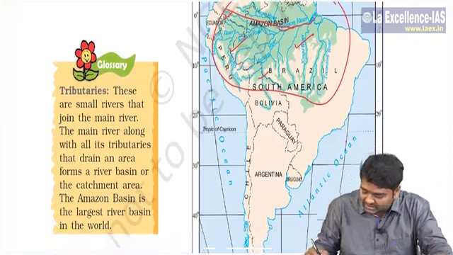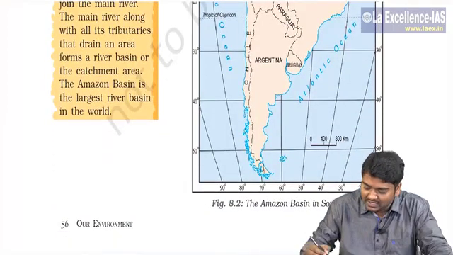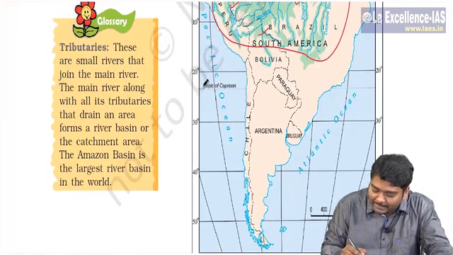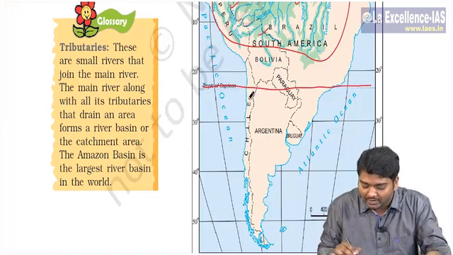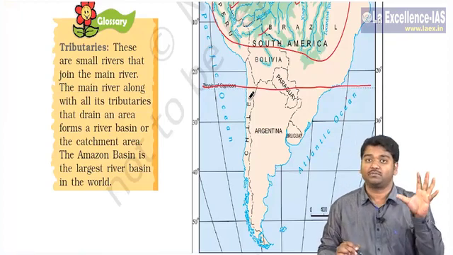The tributaries you can remember once but they are not so important, so just be careful. The other important fact is the Tropic of Capricorn, can you see here? The Amazon is not present near the Tropic of Capricorn, or the Tropic of Capricorn doesn't pass through the Amazon basin.